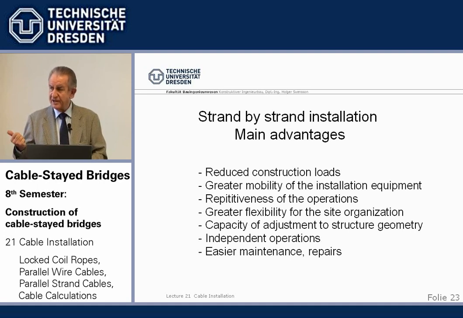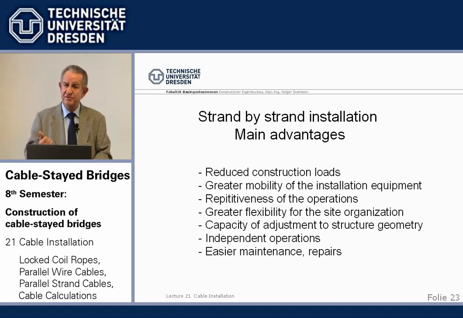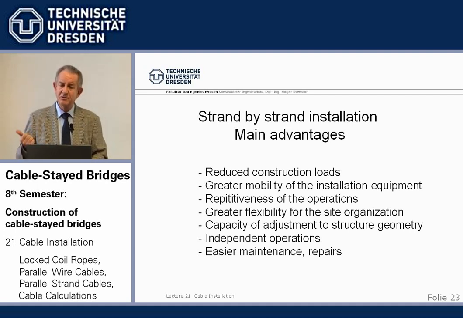The fabricators are, for lock coil ropes, Bridon, Thyssen rope it was, and they have been taken over by Bridon. So they are the only ones that I know of which still fabricate lock coil ropes. And then all the others produce parallel wire cables as well as strand cables.